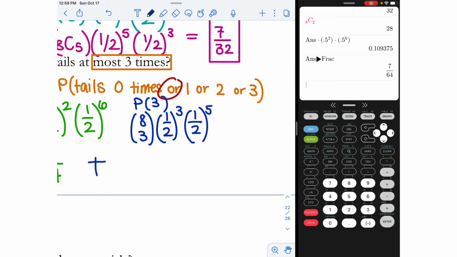Okay, so 8 choose 3 times, oops, that was 56. So 56 times 0.5 to the 3rd times 0.5 to the 5th. 7 over 32.